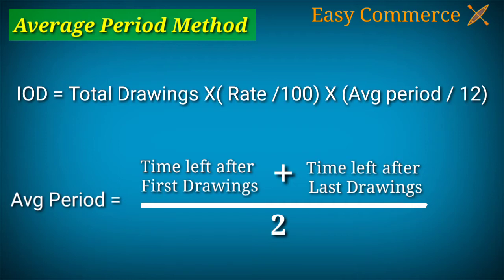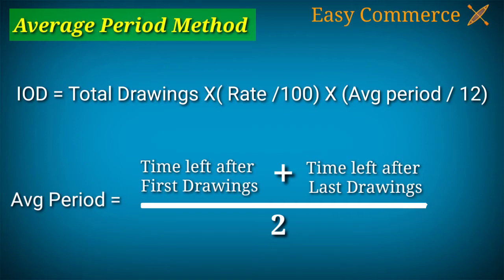So the formula is time left after the first drawings plus time left after the last drawings divided by 2. This formula we can use to calculate average period. This average period method is used when the withdrawals are of uniform amount and made at regular intervals, meaning monthly, quarterly or half yearly.